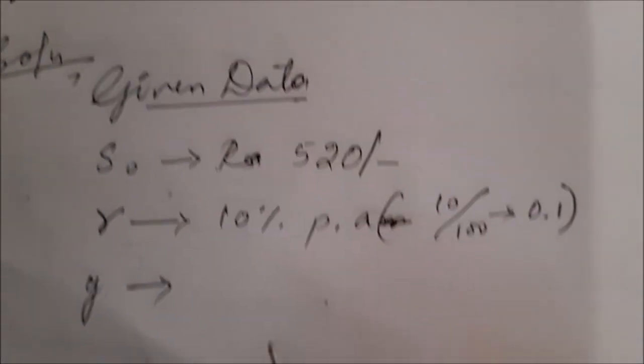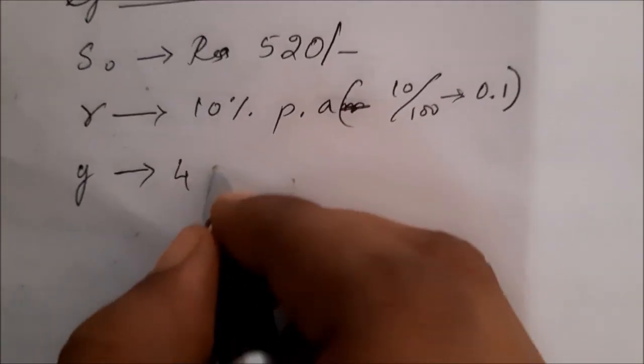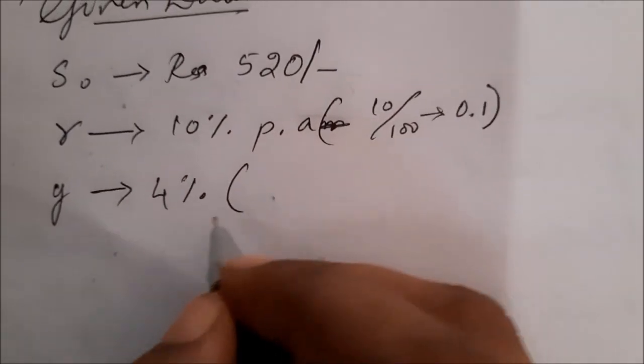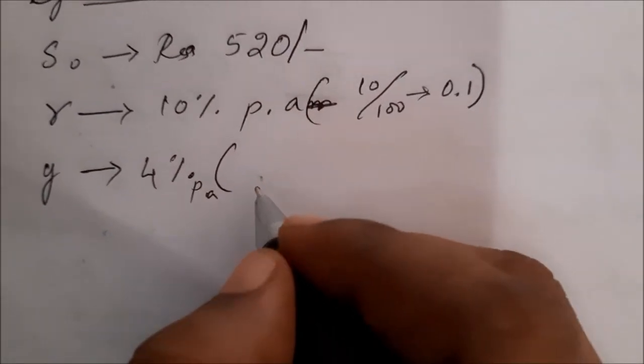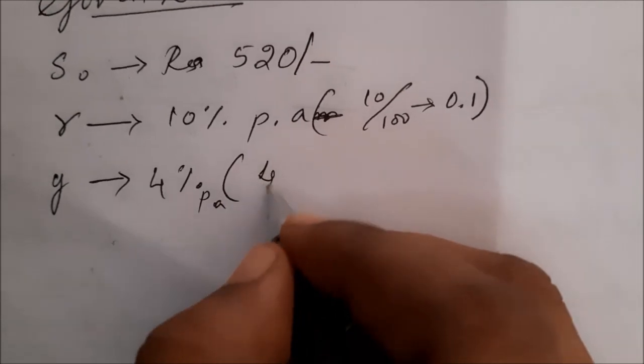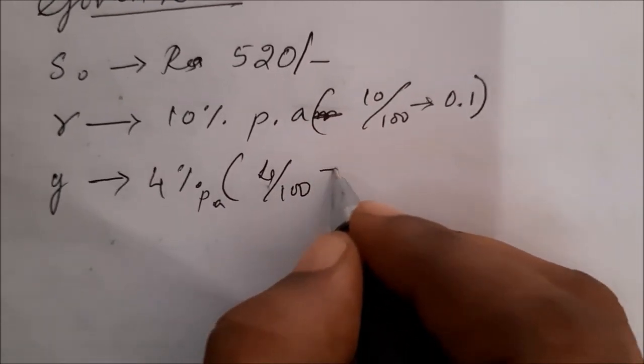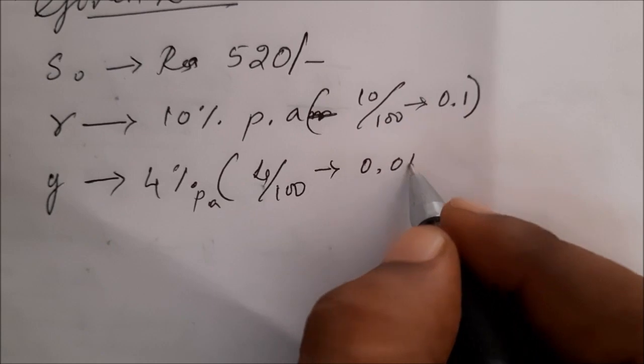Yield percentage is given, so 4 divided by 100, then we will get 0.04.